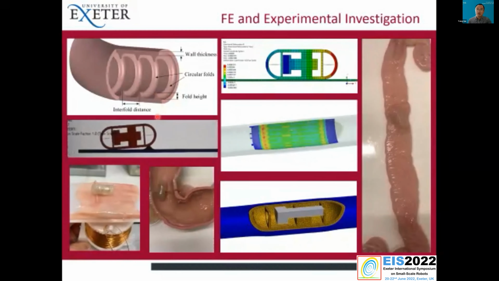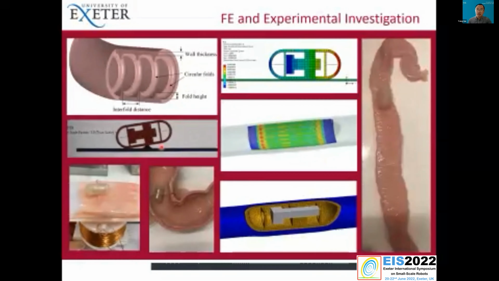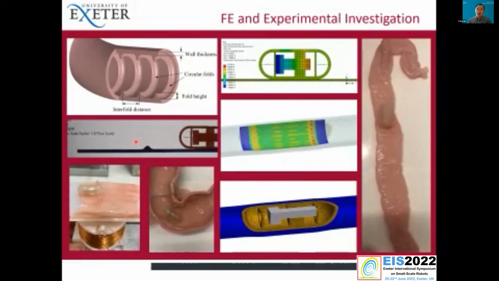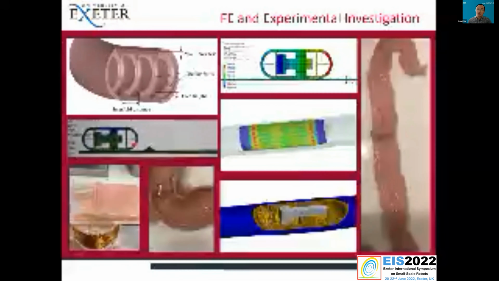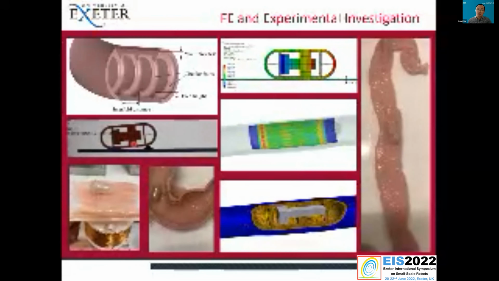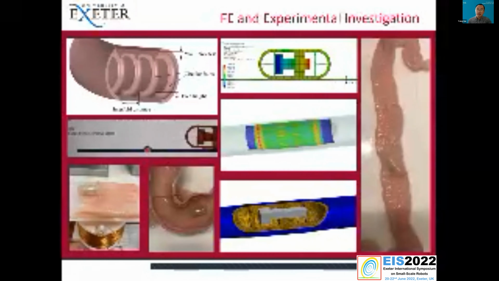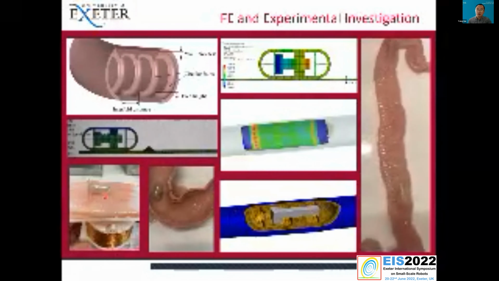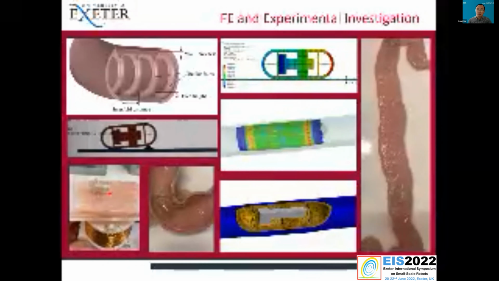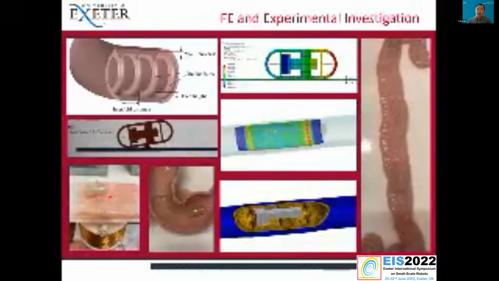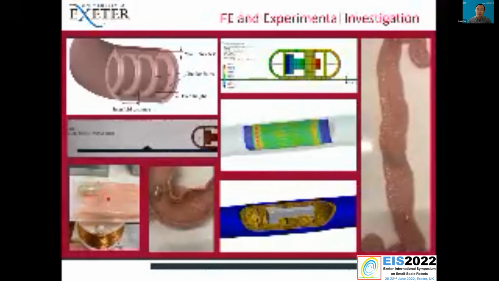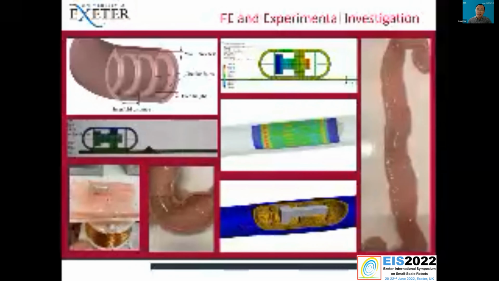We use a finite element model to simulate whether our capsule has sufficient power to cross over the circular folds. We have also carried out the experiment on the small intestine, trying to cross over the circular folds.